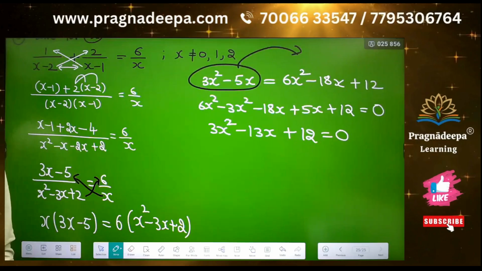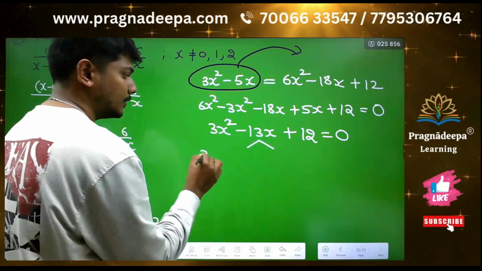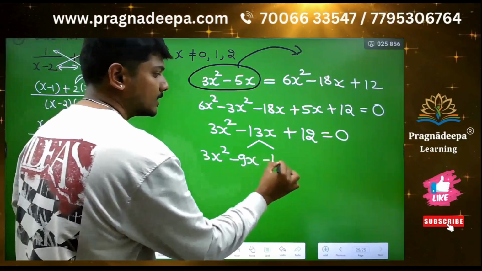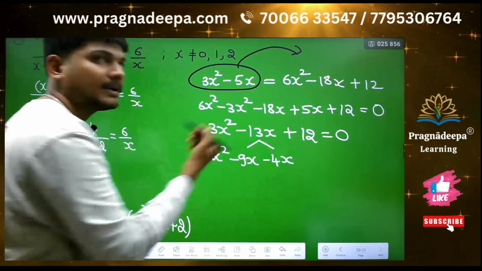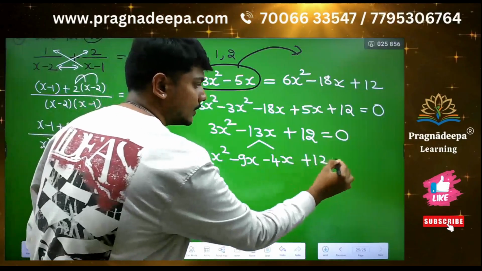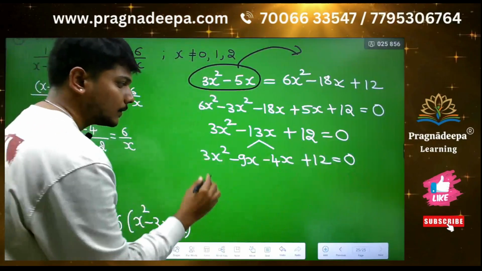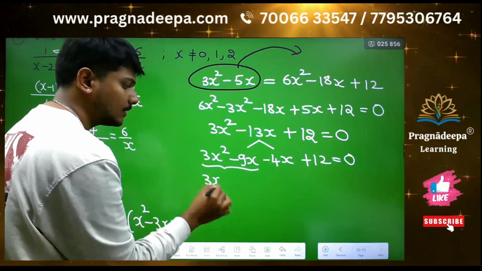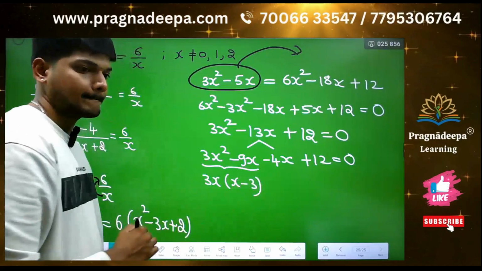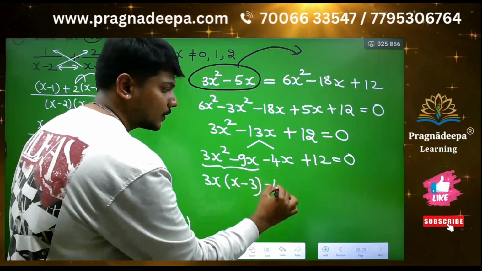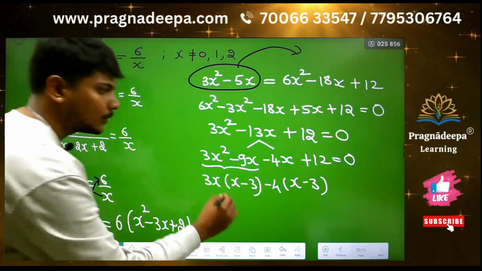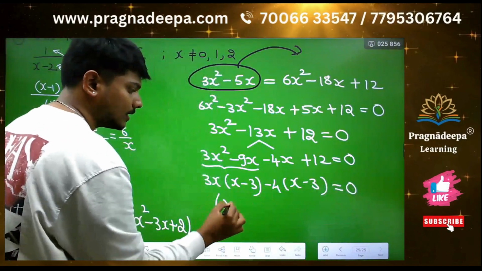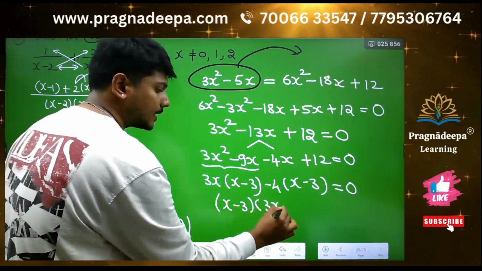Minus 9 and 4, right? So I can split minus 13x into minus 9x minus 4x. Minus 9 minus 4 is minus 13, minus 9 into minus 4 is plus 36, plus 12 is equal to 0. In the first two terms I have 3x common, left with x minus 3. Next, taking out minus 4 common, I am left with x minus 3. So taking x minus 3 common, I am left with 3x minus 4.